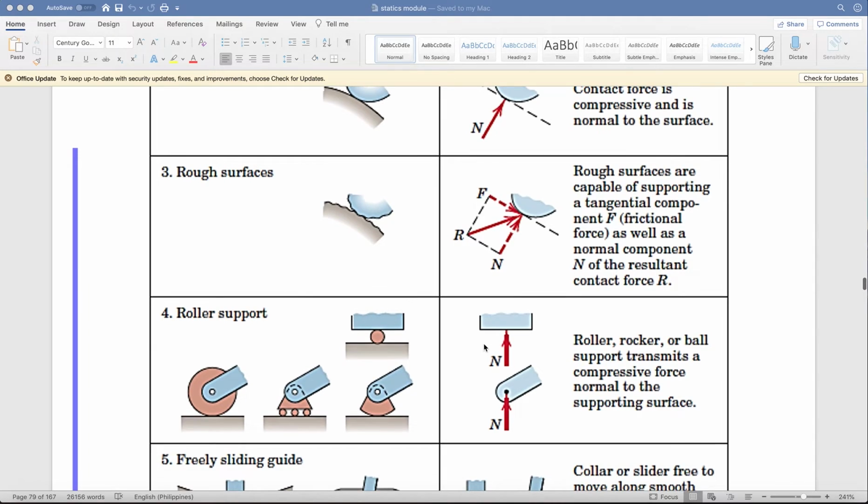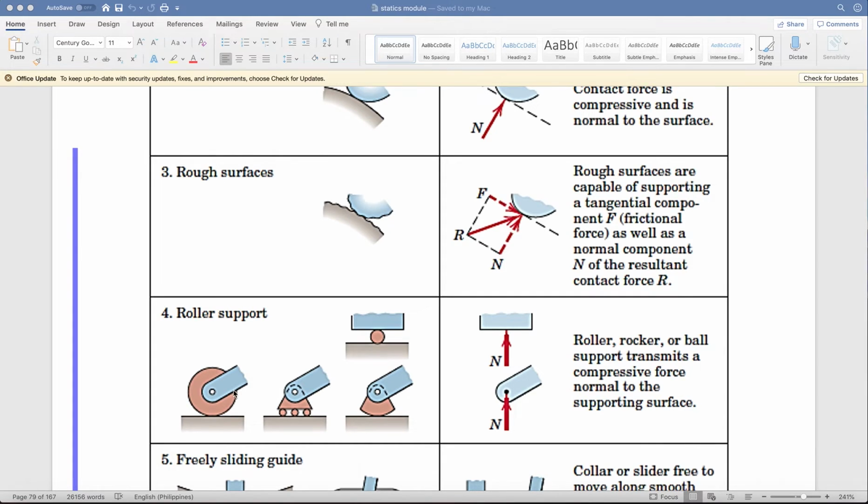If it is a roller support, always remember that a roller support only has one reaction, or one force present. One reaction, one force, and it is always normal to the contact surface. A roller, rocker, or ball support transmits a compressive force normal to the supporting surface.